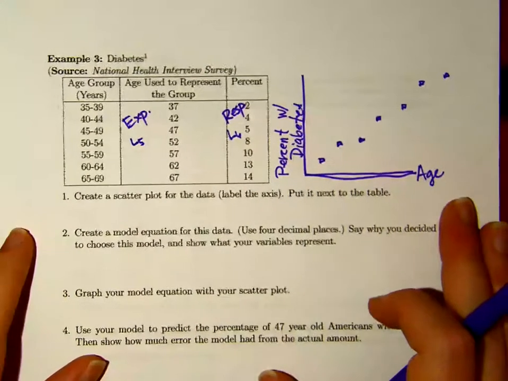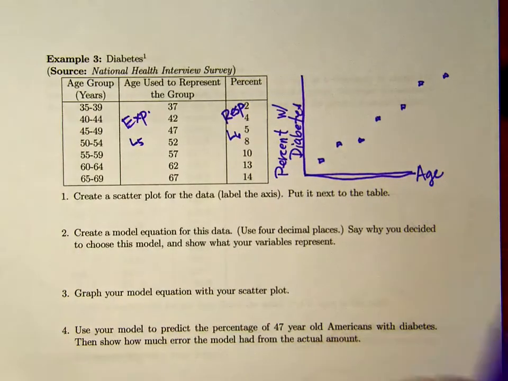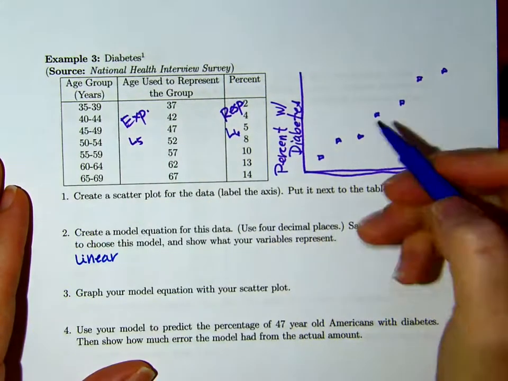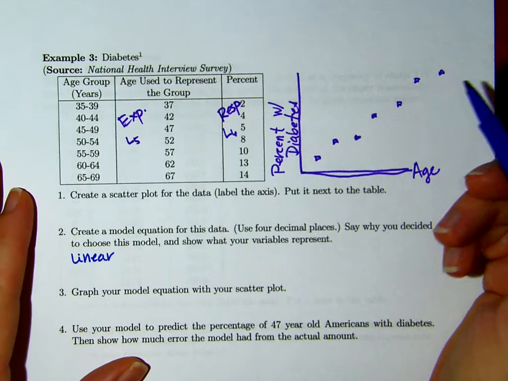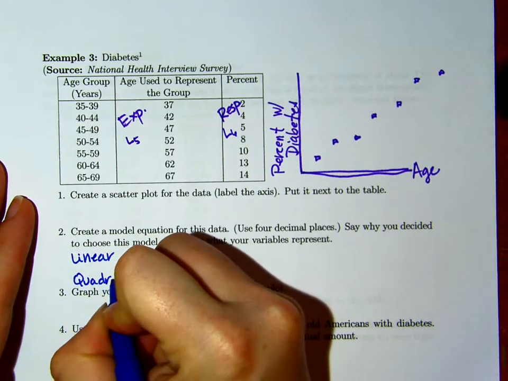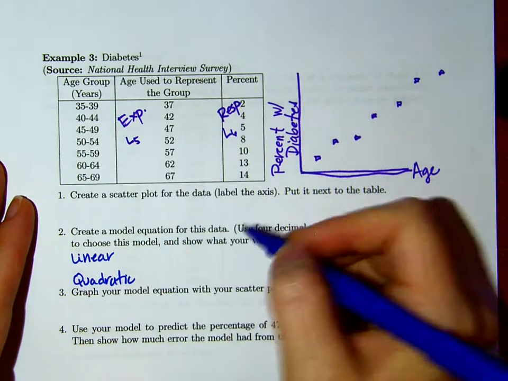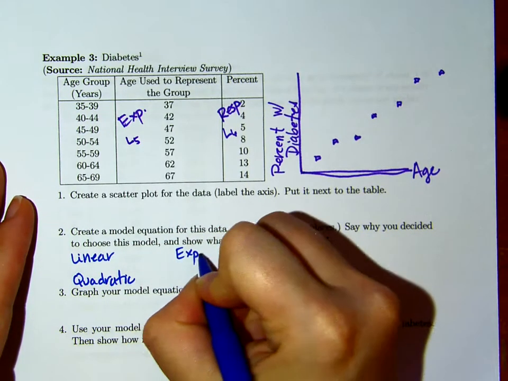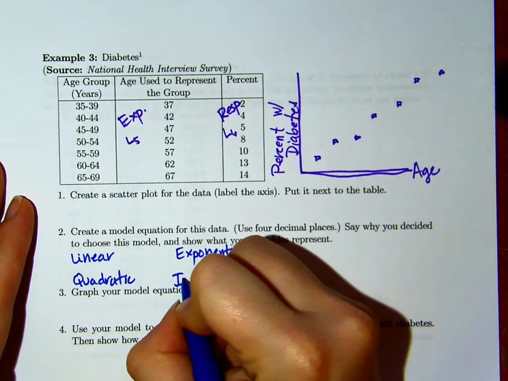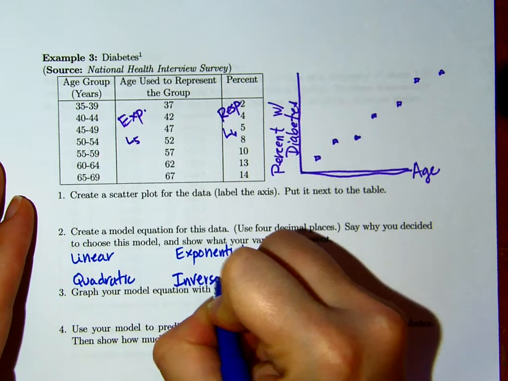Create a model. So here we go again with this model. Like before, we have some decisions to make. Is it linear? It looks pretty linear to me, to be honest. Is it quadratic? I don't see much curvature. Exponential and inverse variation?